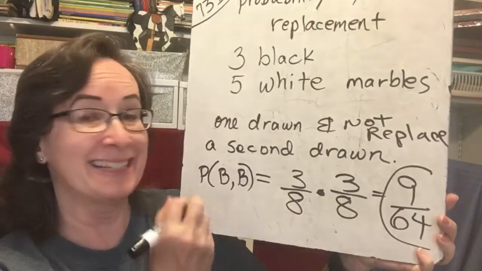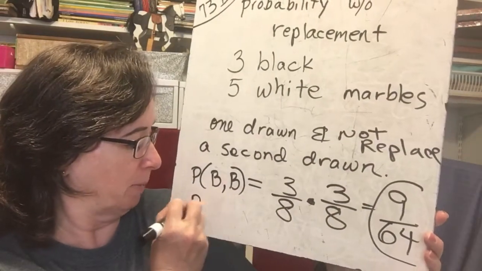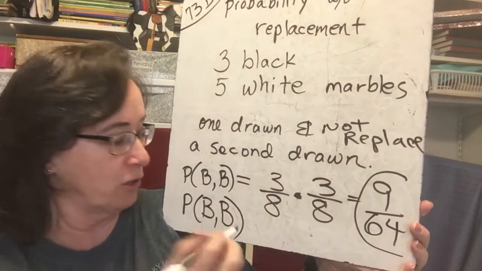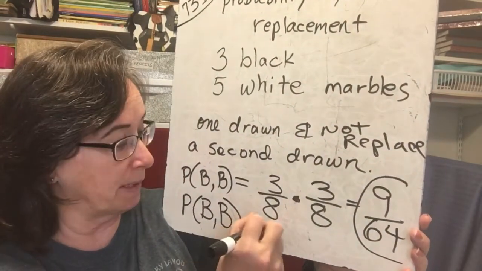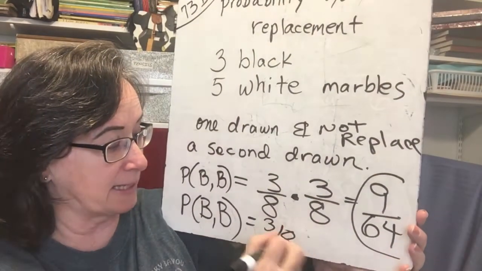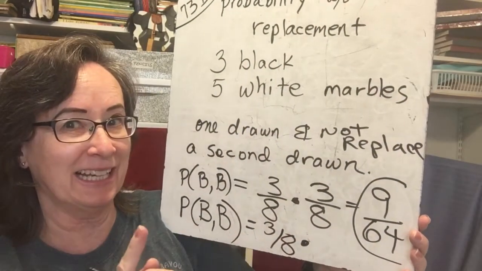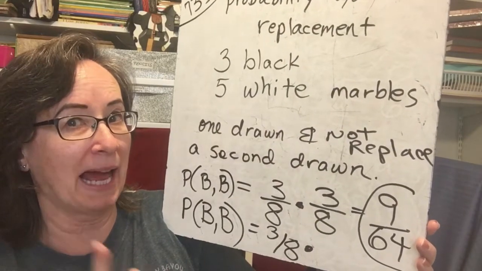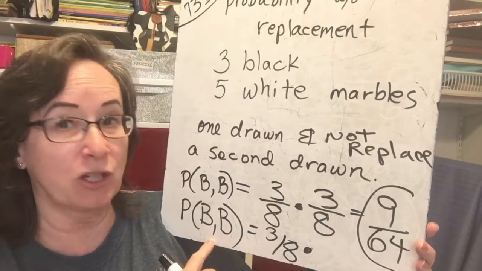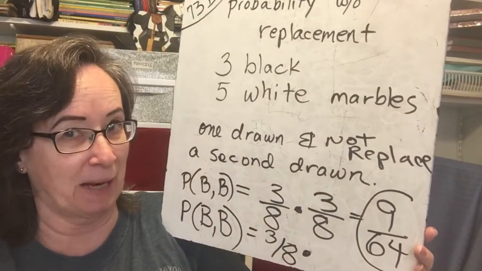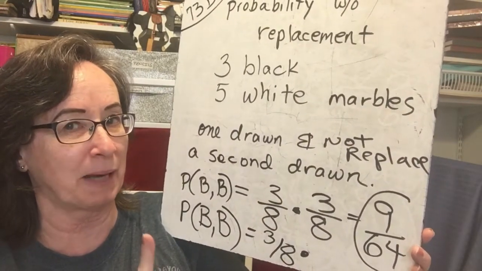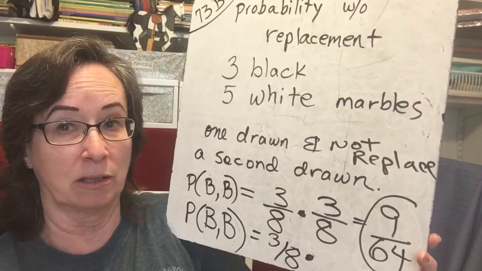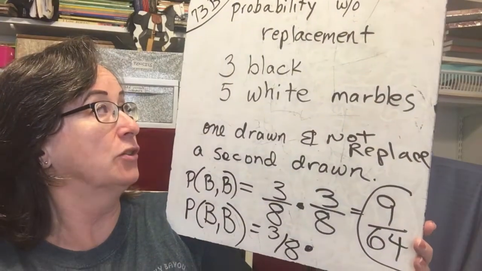So in the second case, if we're doing the probability of black and then black, for the first draw, the probability was 3/8. But for the second draw, there's one less black marble in there because we're assuming the first marble is black. So there's one less black marble and one less total marbles.